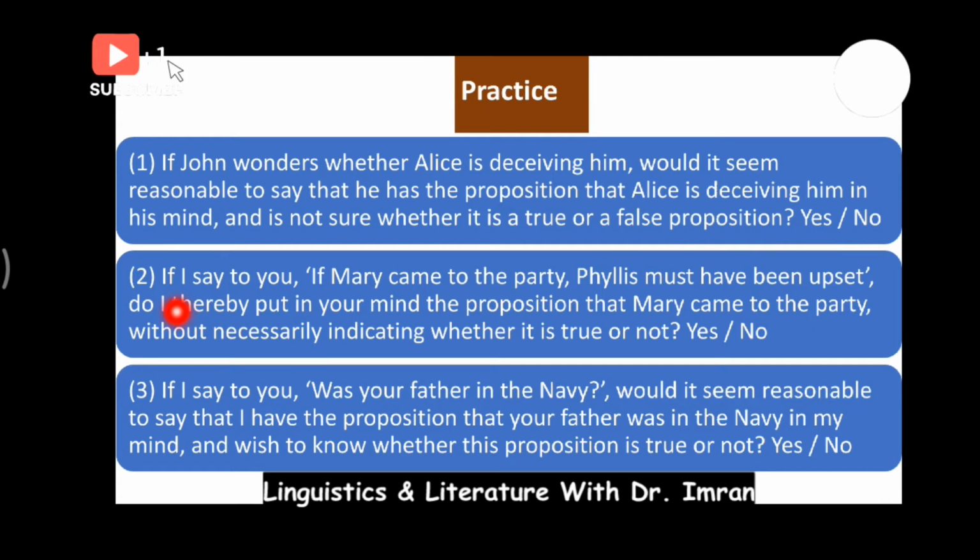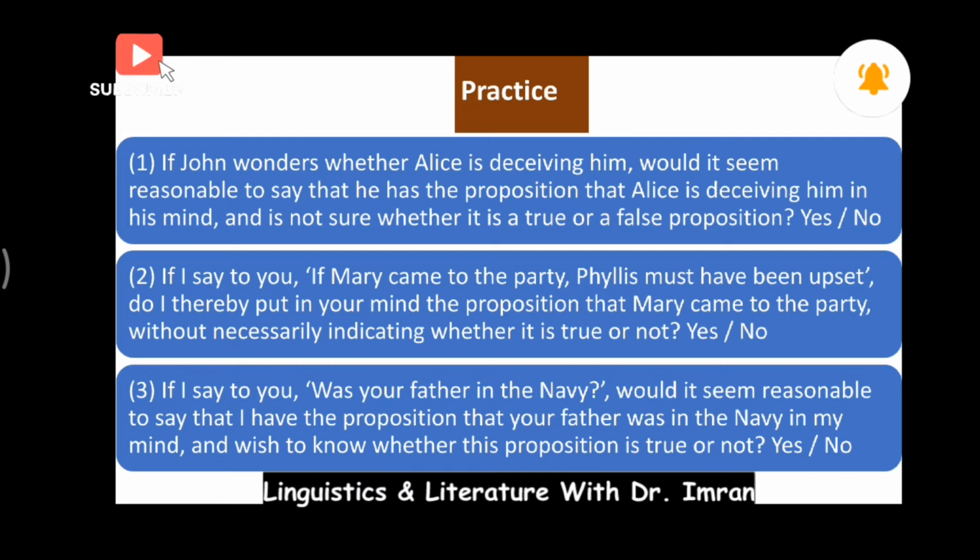Number 2. If I say to you that if Mary came to the party, Phyllis must have been upset, do I thereby put in your mind the proposition that Mary came to the party without necessarily indicating whether it is true or false? Yes. I am putting in your mind that Mary came to the party, right? She may have come or she may not have come, but I'm just putting it in your mind, and you believe.